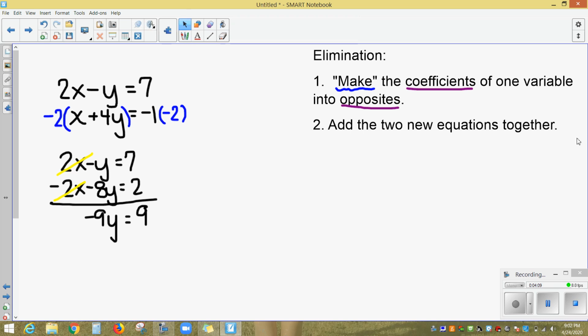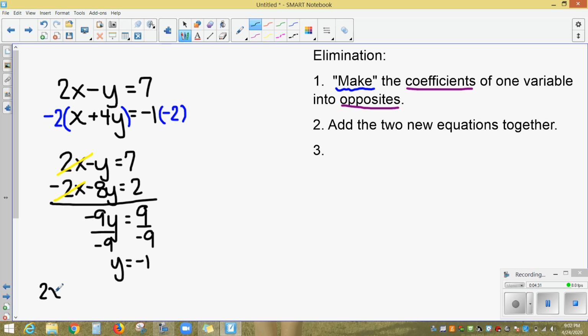Now from here, once I have an equation that only has y's in it, we can solve this for y in one step. Once I know that y is negative 1, I can come back to one of the top equations.